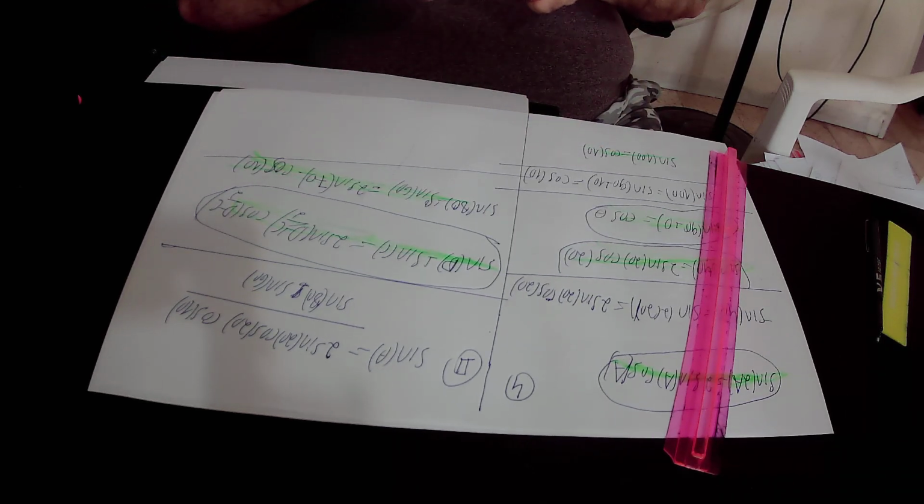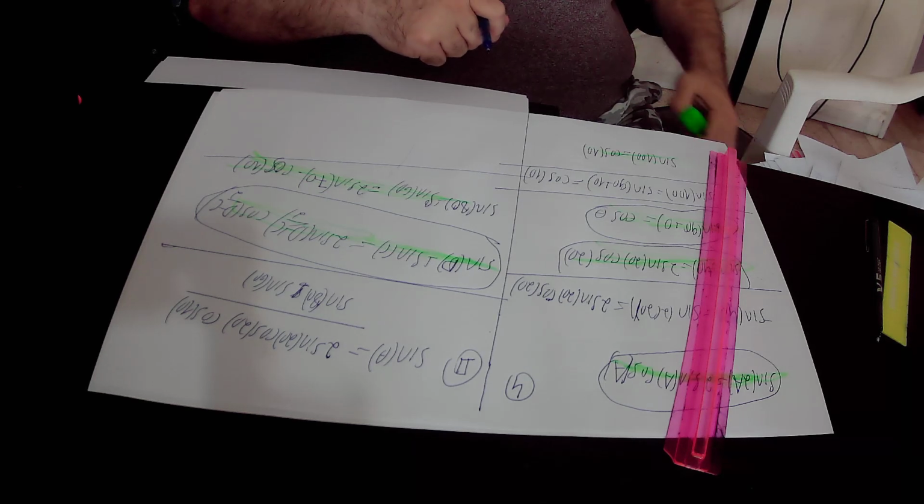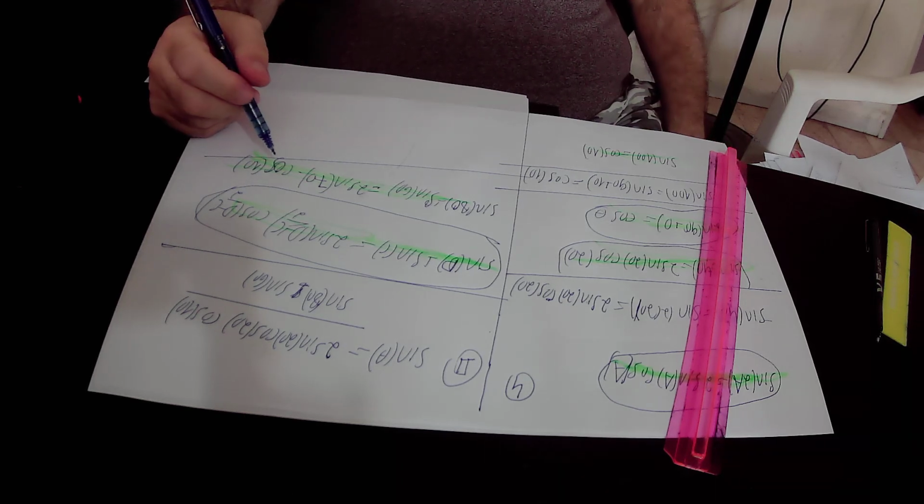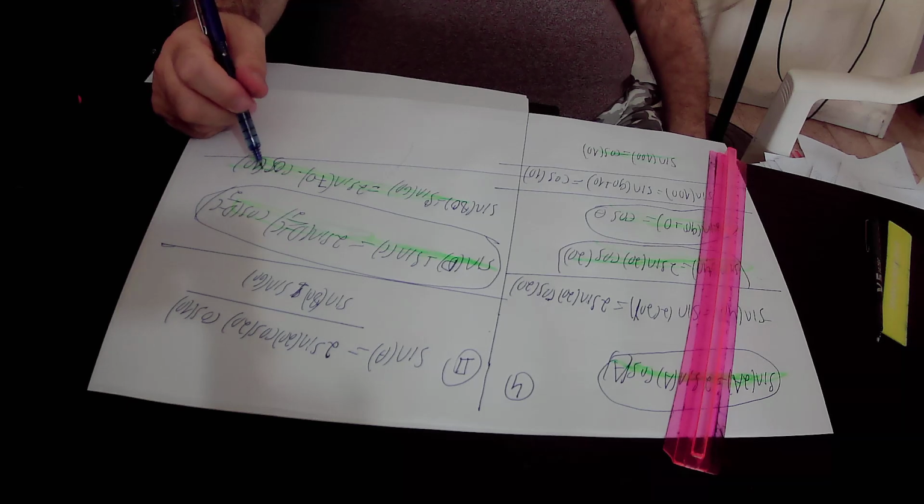So we substitute sin 80 degrees plus sin 60 degrees by 2 times sin 70 degrees times cos 10 degrees in equation number 2.